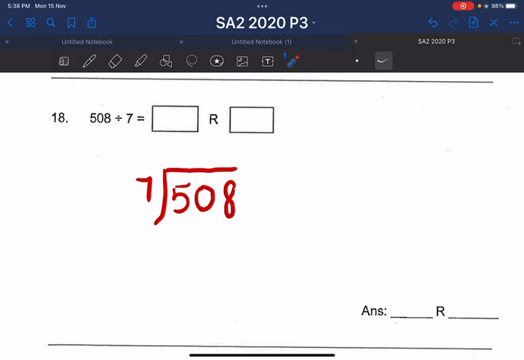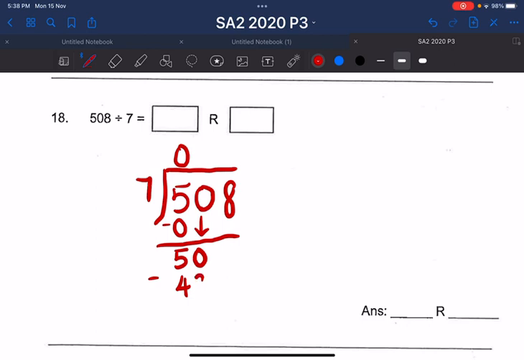So let's start off again with 5. 5 divided by 7 gives us nothing, right? We can't do that because it's too small to divide. So we'll end up with 5, but we're going to bring down the 0 to help us. 50 now. 50 divided by 7, the closest I can think of is 49.